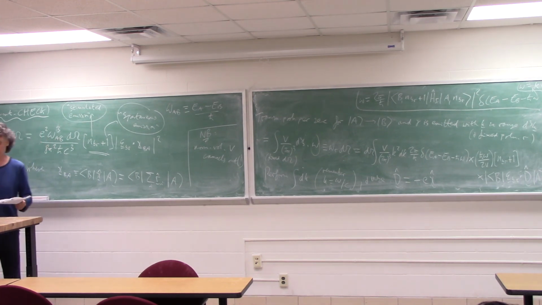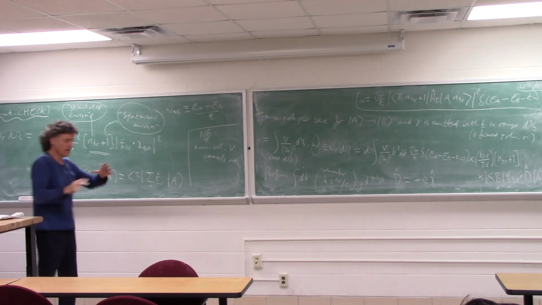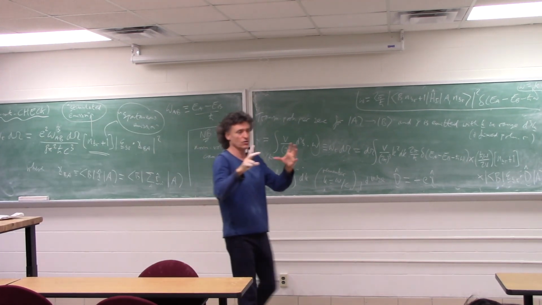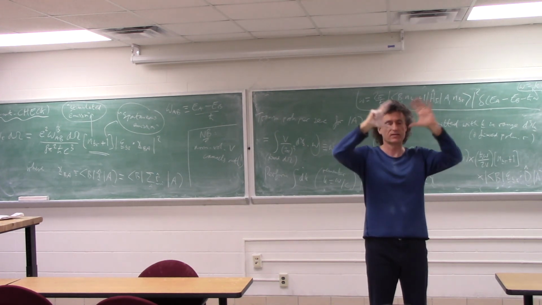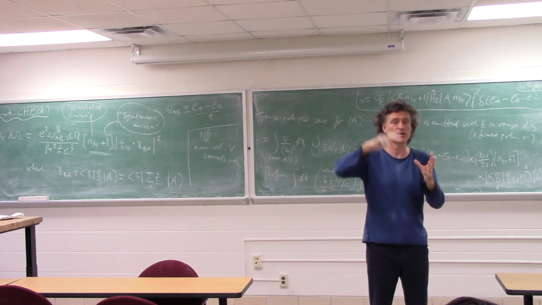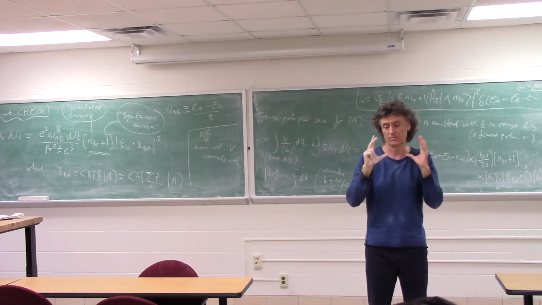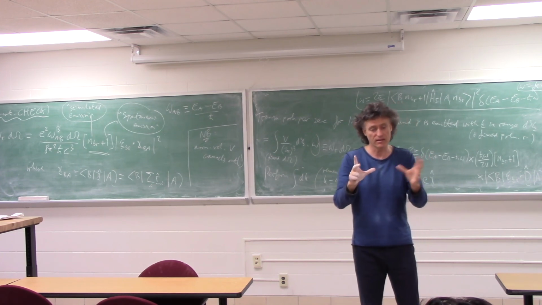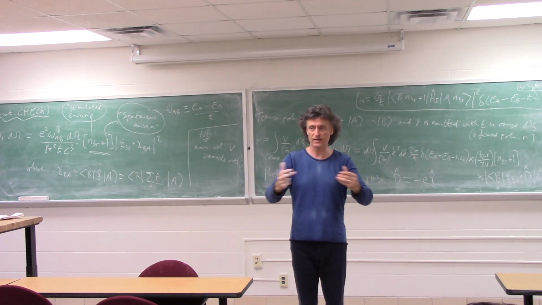And note, remember the puzzle I told you. If I have an atom in an excited state in the vacuum, you might think it's just going to stay there because it's an isolated system in an energy eigenstate. According to the Schrödinger equation, the phase is just oscillating and it's in a stationary state. But actually, in the vacuum, there is still the electromagnetic field that the atom is interacting with.